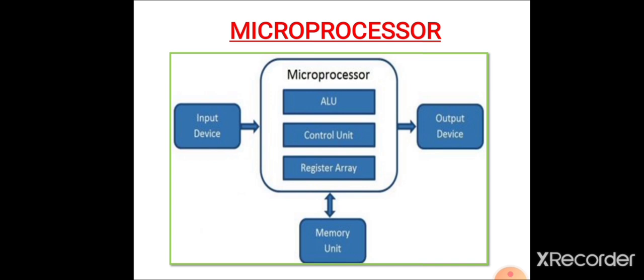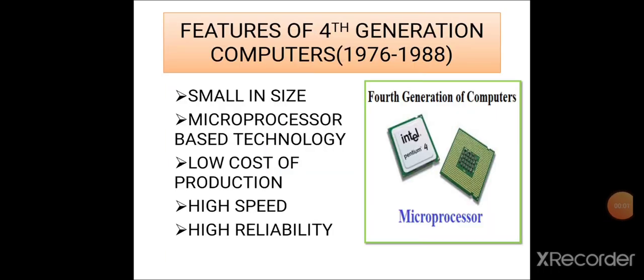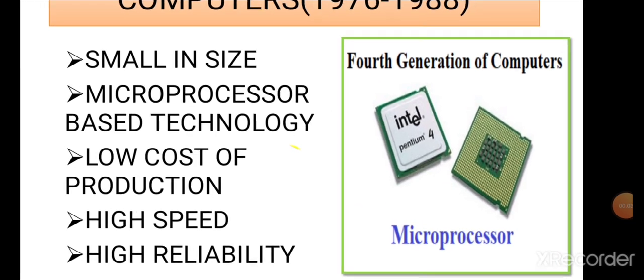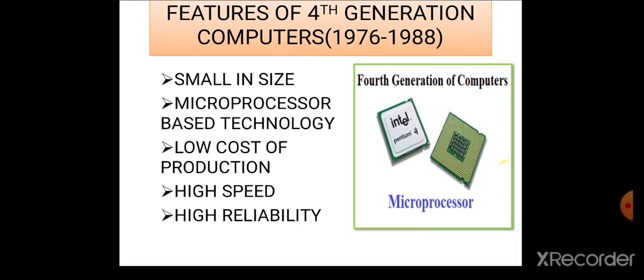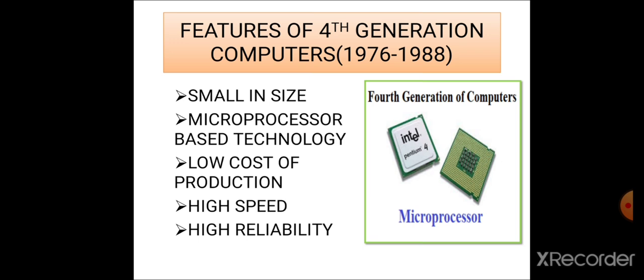These components of the CPU, maintained on a single chip, is called a microprocessor. See children, this is how a microprocessor looks. Now let us see the features of the fourth generation of computers.